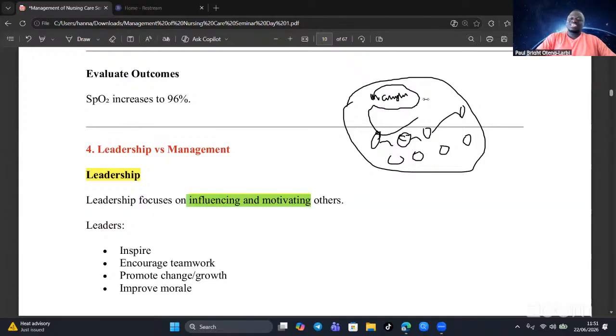This person will pick up the position and will struggle with management, because when somebody goes wrong, because he or she is always motivating and encouraging, they don't have the skills to rebuke people.